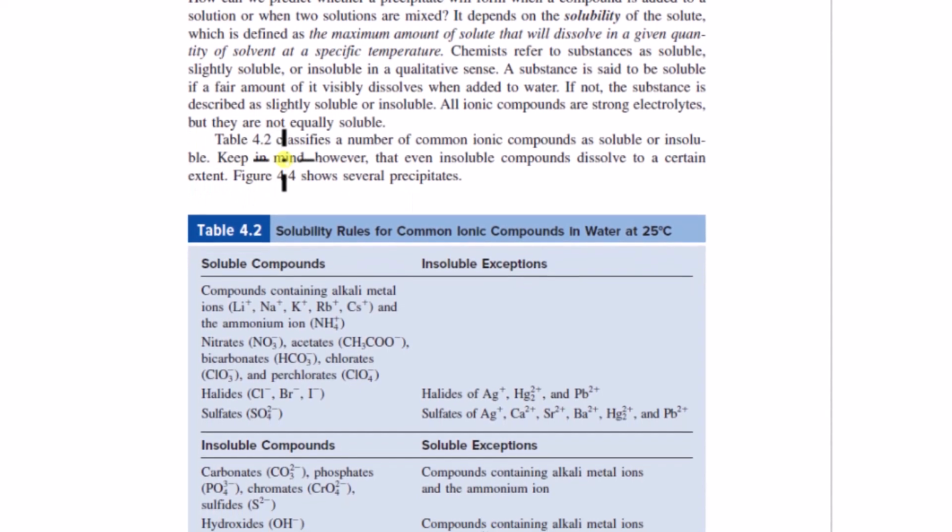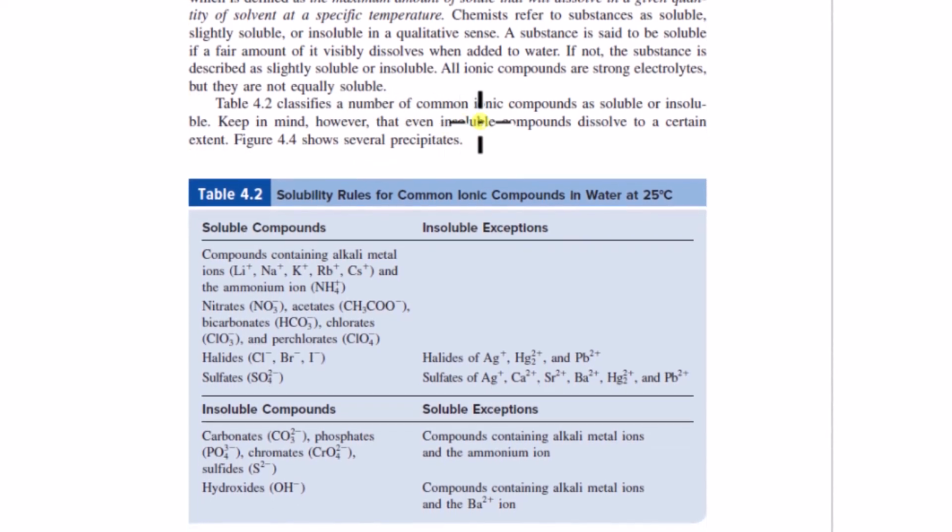Okay, table 4.2 classifies a number of common ionic compounds as soluble or insoluble. Keep in mind, however, that even insoluble compounds dissolve to a certain extent. Similar with a non-electrolyte. You might have a substance that, if it hypothetically was soluble, would dissolve into ions, like an ionic compound.